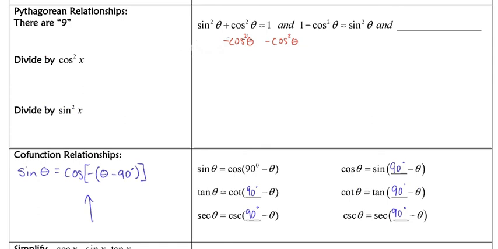That reduces down to just 0. And now we have sine of theta squared equals 1 minus cosine of theta squared. And that's our second Pythagorean identity right here.